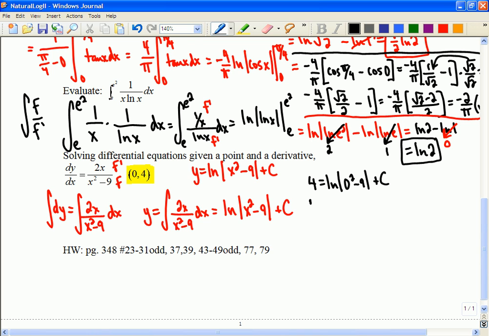So 4 is equal to the natural log of 9 plus c. So my constant is going to be 4 minus the natural log of 9. So the particular solution that I'm looking for here should be y equals the natural log of x squared minus 9 plus 4 minus natural log 9.